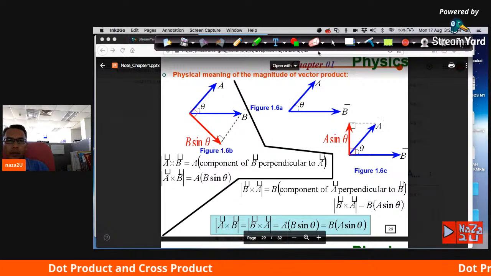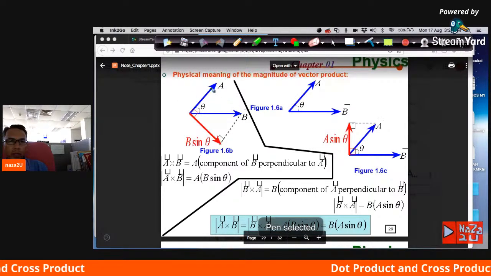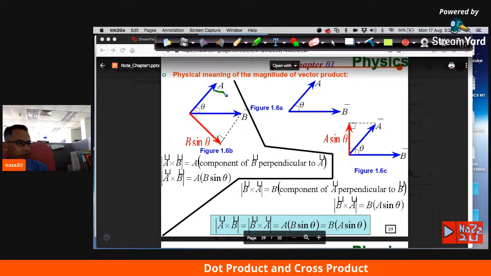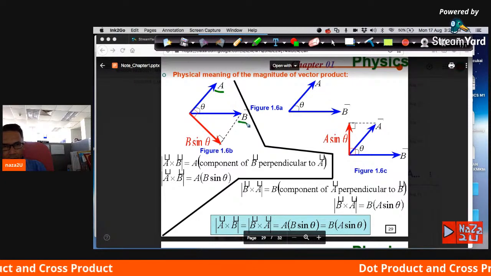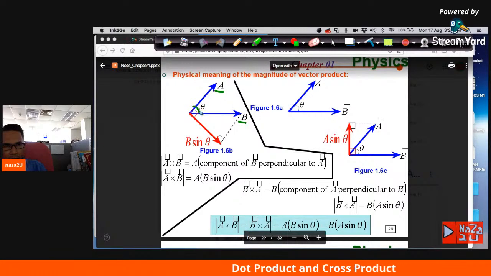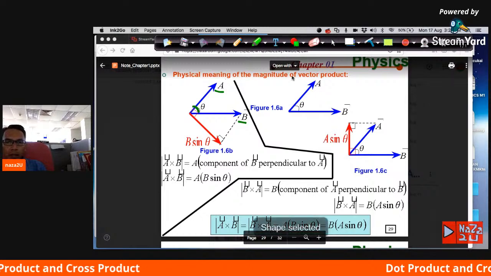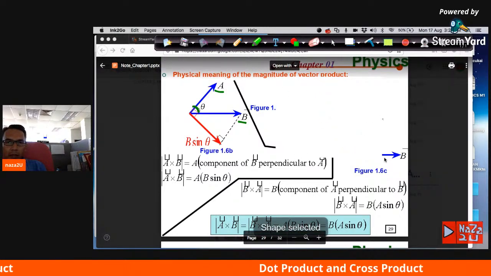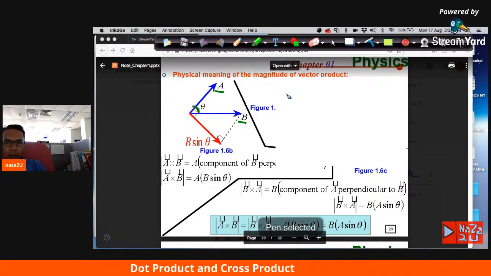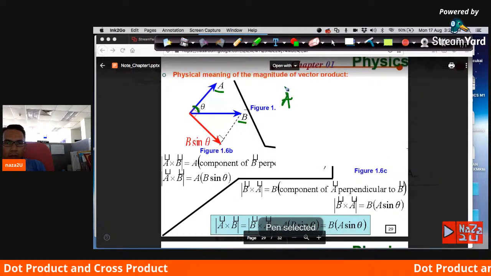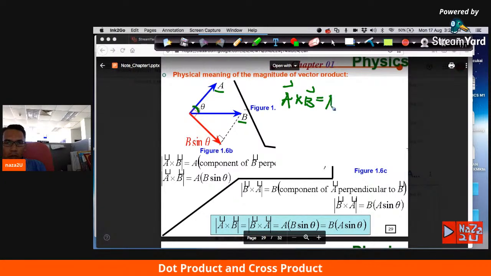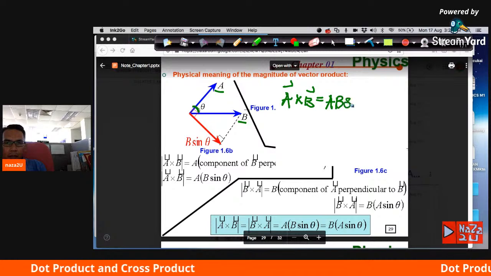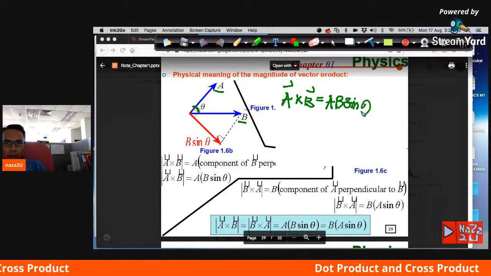Okay. So next we have vector A. This is the direction of vector A, and this is the direction of vector B, and this is the angle between vector A and vector B. From the equation we got earlier, vector A cross vector B is equal to AB sin theta, right?